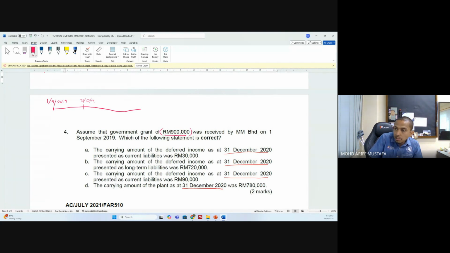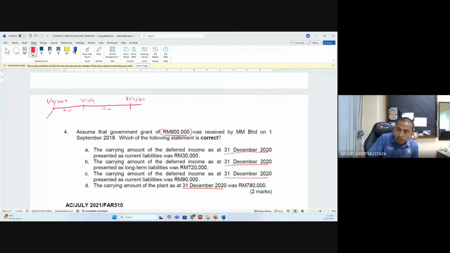And the question asks you to do a line for 31st December 2020. So this one is 4 months, this one is 12 months. In other words, it's 1 year. So we see first how much deferred income we have already amortized.